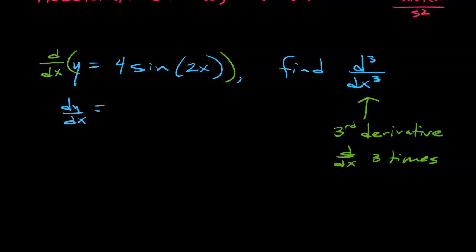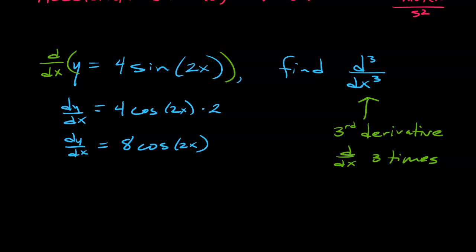The derivative of 4 sine of 2x is going to be 4 cosine of 2x times the derivative of the angle, which would be 2. So dy dx would be 8 cosine of 2x. This is the first derivative.